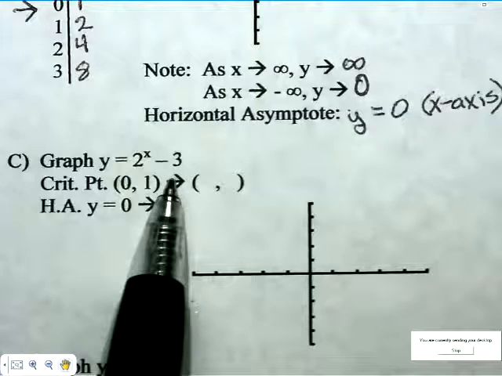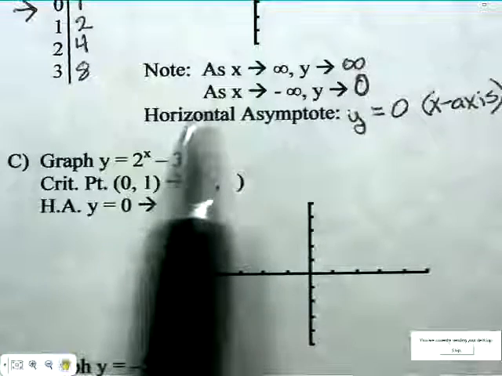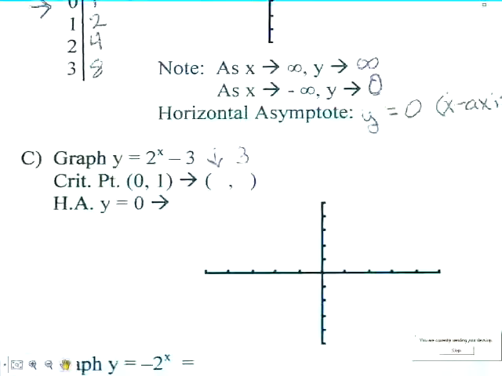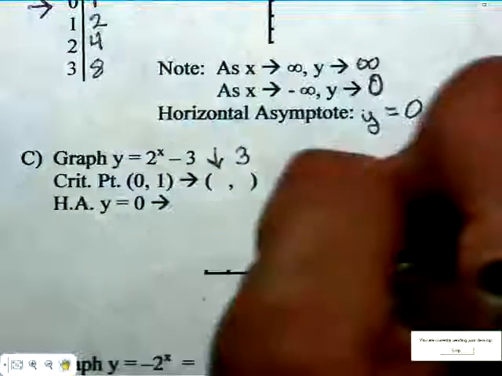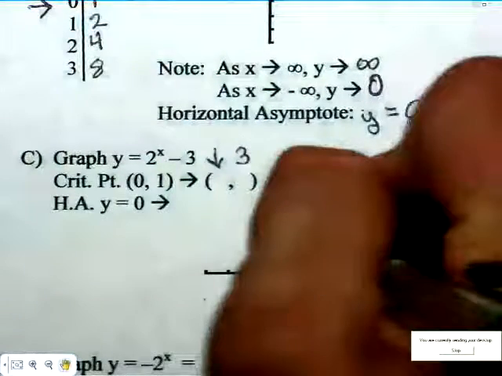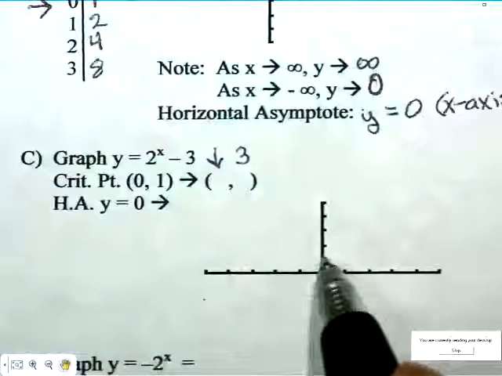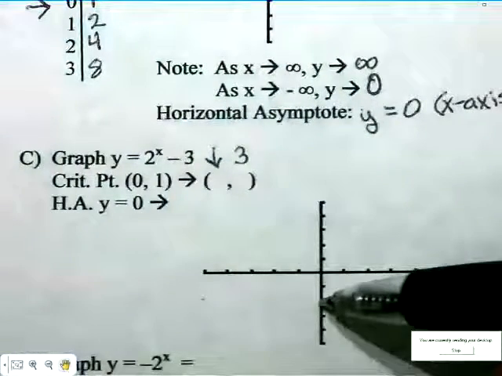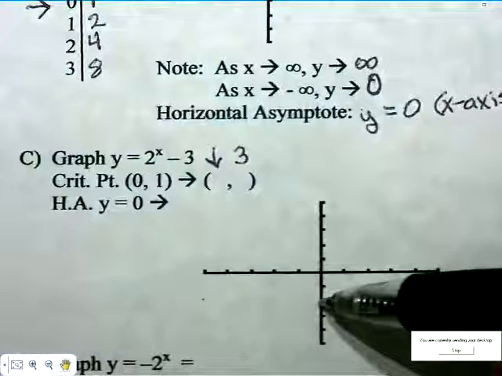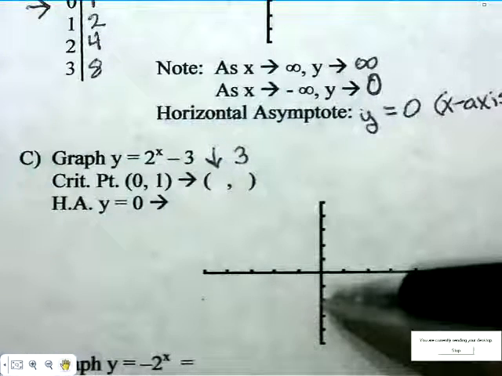Vertical shift, down 3. That vertical shift has always worked like we expected it to. If I put my pin on this critical point (0, 1), and then move it down 3, 1, 2, 3, what's the name of this point? (0, negative 2).